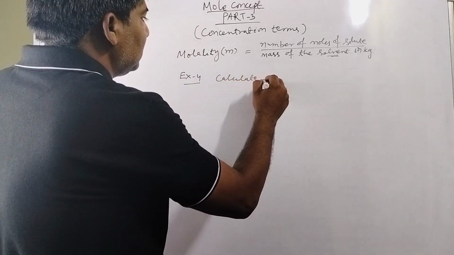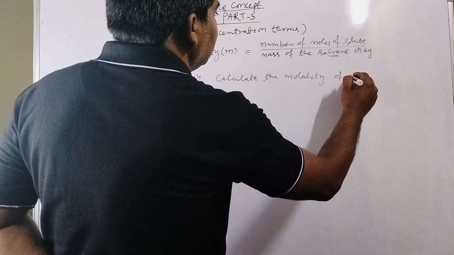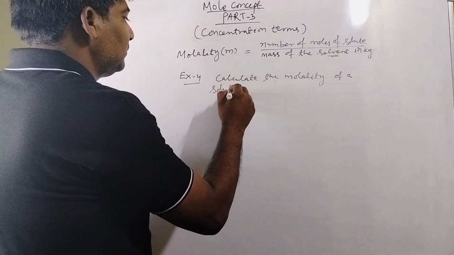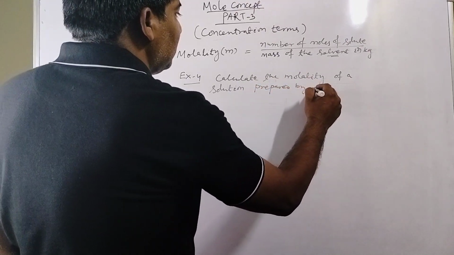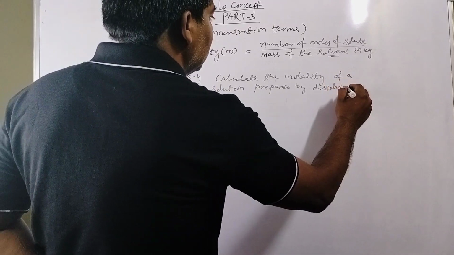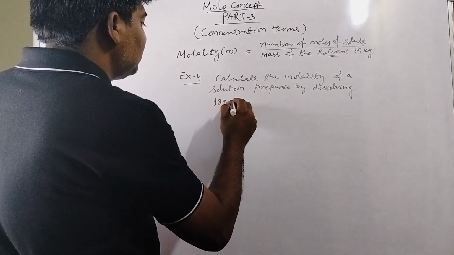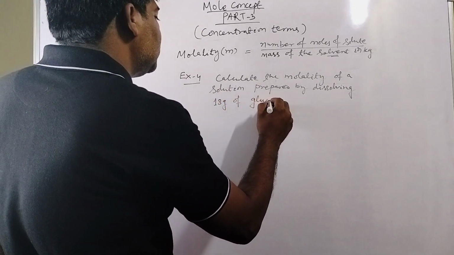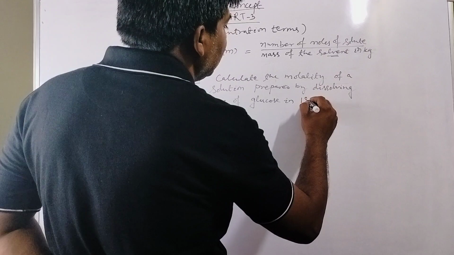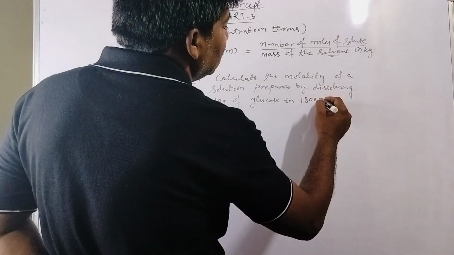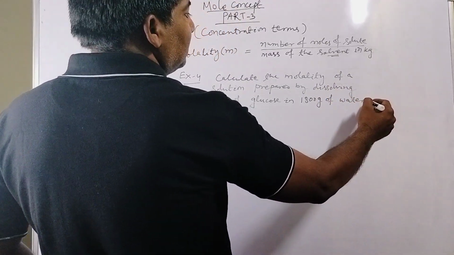Calculate the molality of a solution prepared by dissolving 18 gram of glucose in 1800 gram of water. Okay.